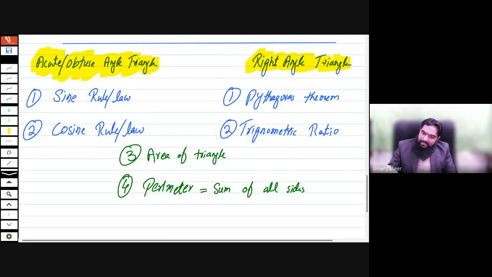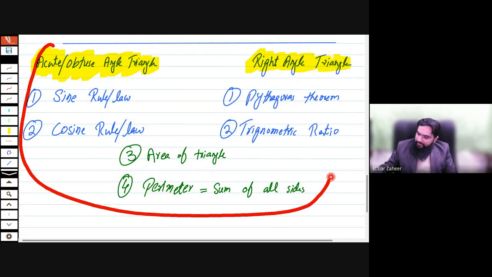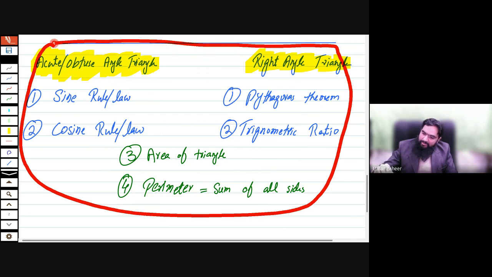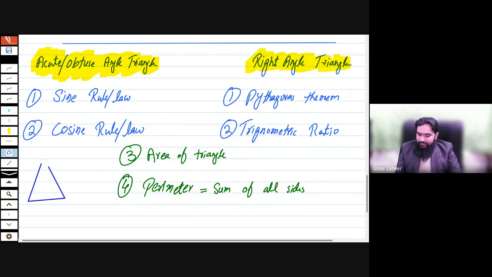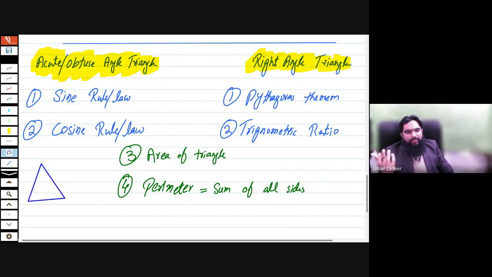All of you must memorize this chart, because it is really important. There are a lot of students who feel that trigonometry is difficult. It is just because they did not analyze the triangle. For example, the examiner gives you this triangle. You can clearly see that it is an acute angle triangle, so you have two options here: you can use sine or cosine. You don't have any third option.